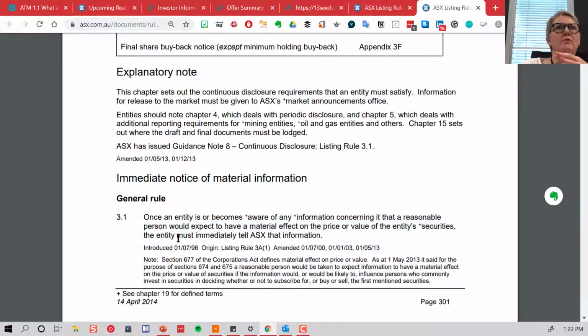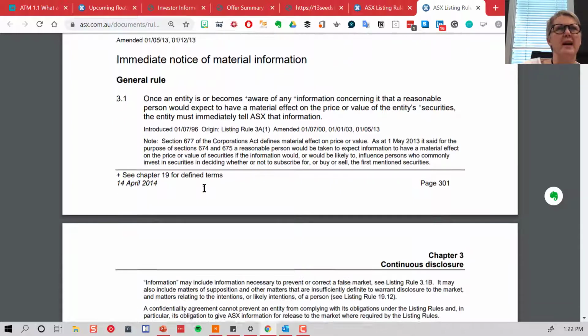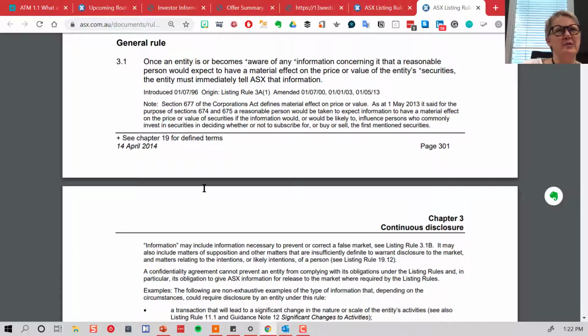And then, like any rule, it will tell you how long it's been in place and what its origin was. The old listing rules had all sorts of weird numbering. Since the new rules have been in, which is I think at least the year 2000, possibly a little bit earlier, I'm not quite sure why we need the old chapters anymore. Even I've moved on.